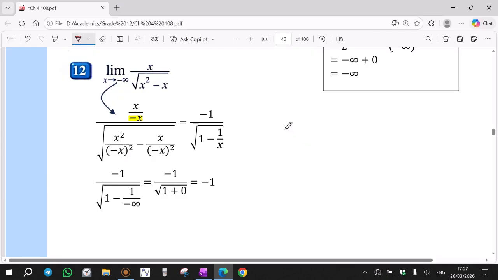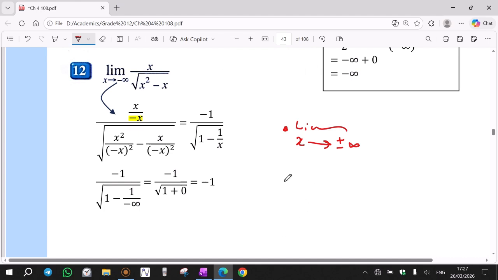Condition number 1: the limit x tends to positive or negative infinity. That's one condition.